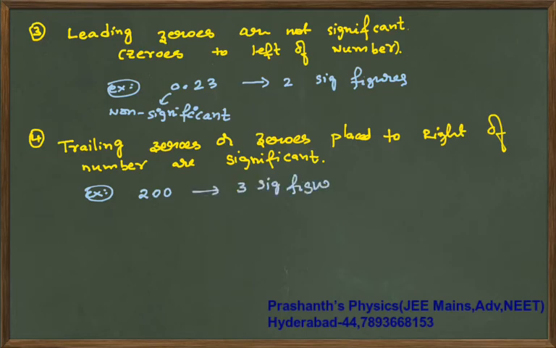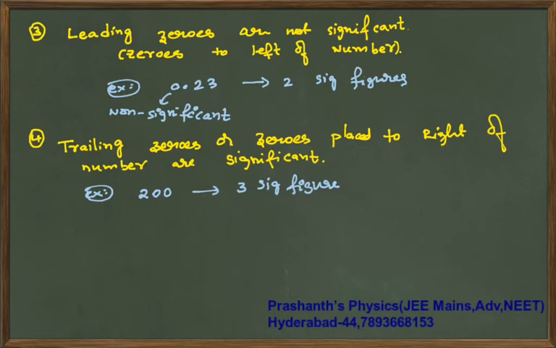You cannot write 200 as just 2, because these zeros are significant; you cannot remove them. Whereas according to the previous rule, in 0.200, you can simply remove the leading 0 and keep 0.2. According to the previous rule that 0 is not significant, but according to this rule, there are leading zeros and trailing zeros. Trailing zeros means towards the right.